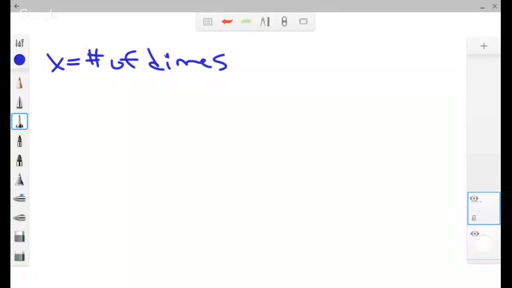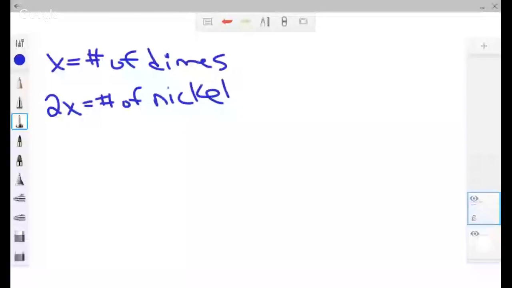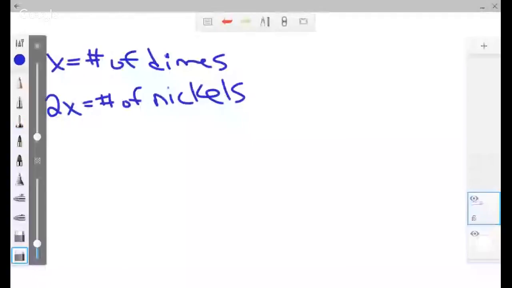Okay. So let's see what that would look like. So if x is the number of dimes, I know that he has twice as many dimes. Actually, let me clarify this.